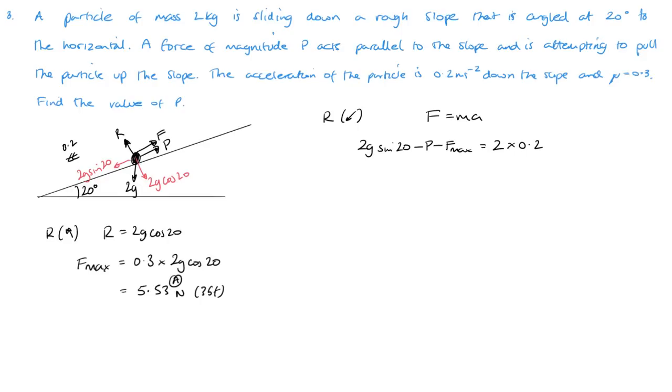Okay, so 2 times 9.8 times sine 20 is 6.703 minus A minus 2 times 0.2. So rearranging this, P is 0.778 newtons to 3 significant figures.